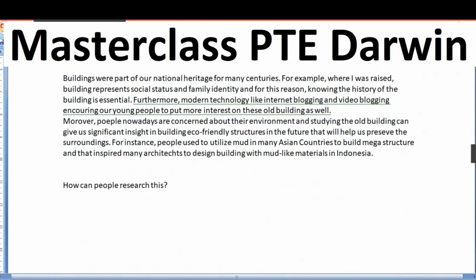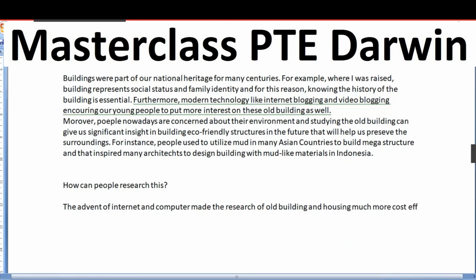Okay, here we can write: the advent of the internet and computers has made the research of old buildings and housings much more cost-effective and scientifically sound.